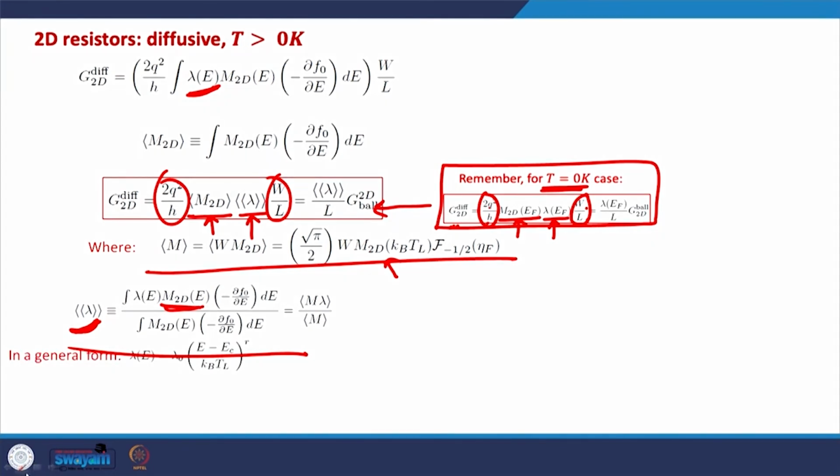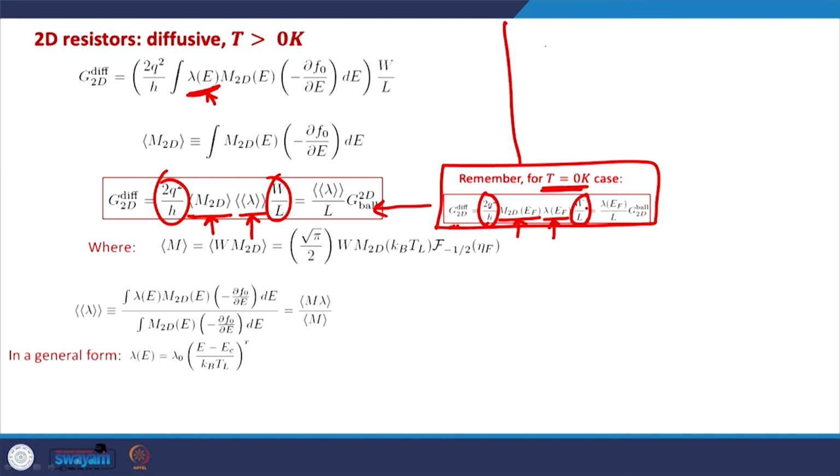As I pointed out, we have not gone into the scattering theory, so the expression for lambda E has not been explicitly derived yet, but generally it looks like this.